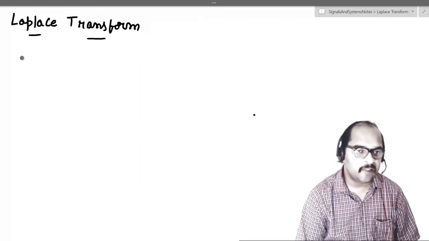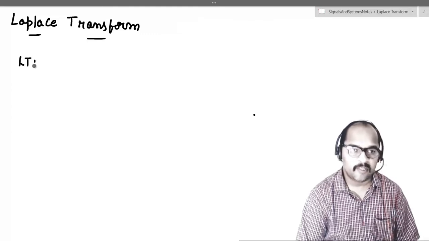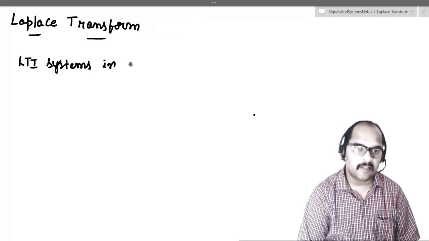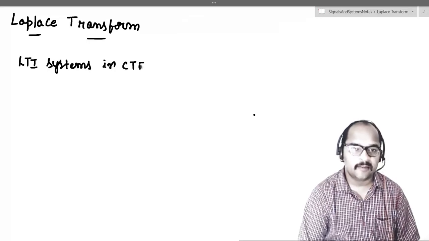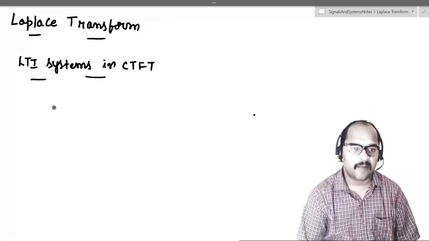So what have we seen in the last topic? We talked about LTI systems. So let's consider LTI systems in CTFT, so that we will understand what happens there.